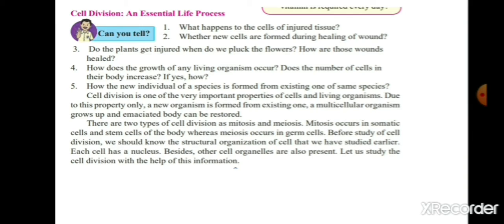Now let us go to the fourth question. How does the growth of any living organism occur? Does the number of cells in their body increase? If yes, how? Any living organism grows due to the increase in the number of cells in its body.